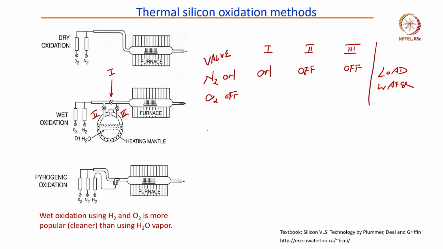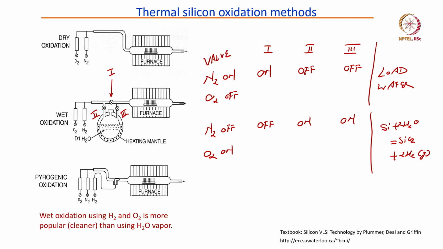In the second step, N2 is off, O2 is on, valve 1 is off, valve 2 is on, valve 3 is on. This is when the silicon reacts with the gas, liquid and then solid.